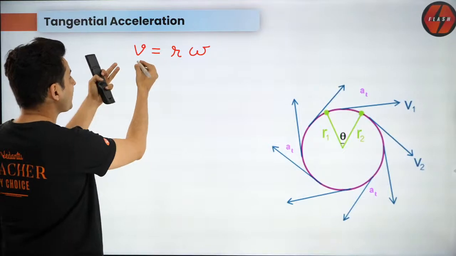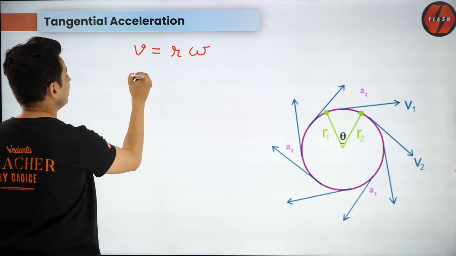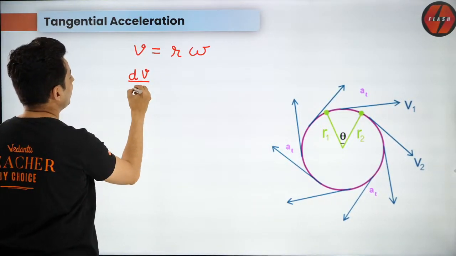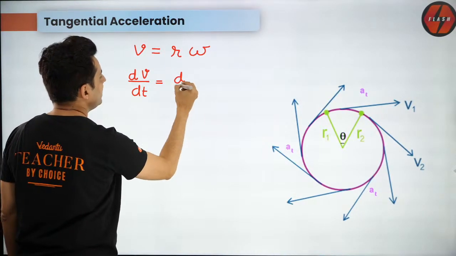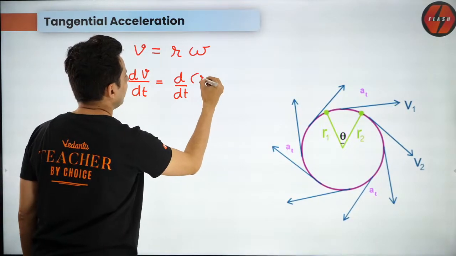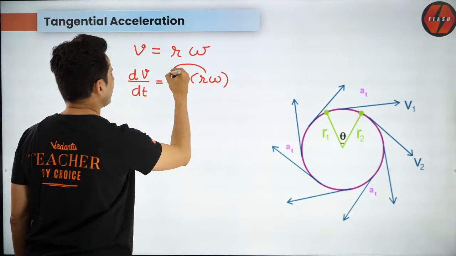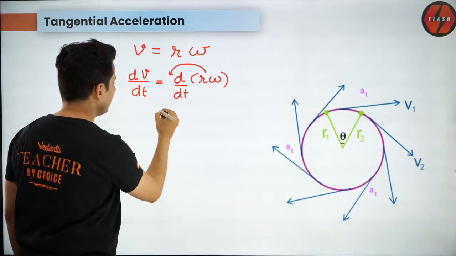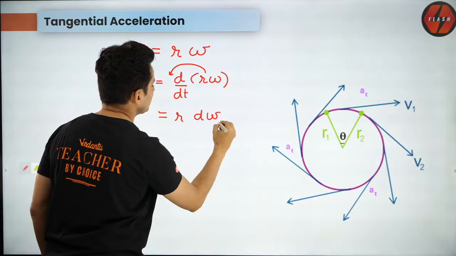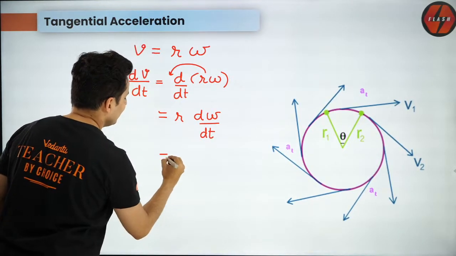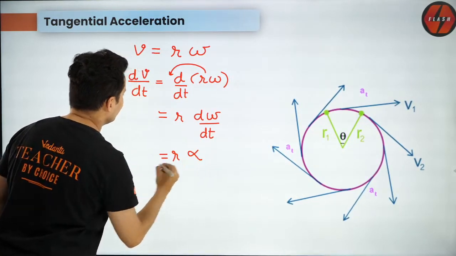Now imagine if I differentiate this. The derivative of velocity with respect to time will be d by dt of r omega. But r can come outside because it is a constant, and what will remain? d omega by dt, which is nothing but angular acceleration.